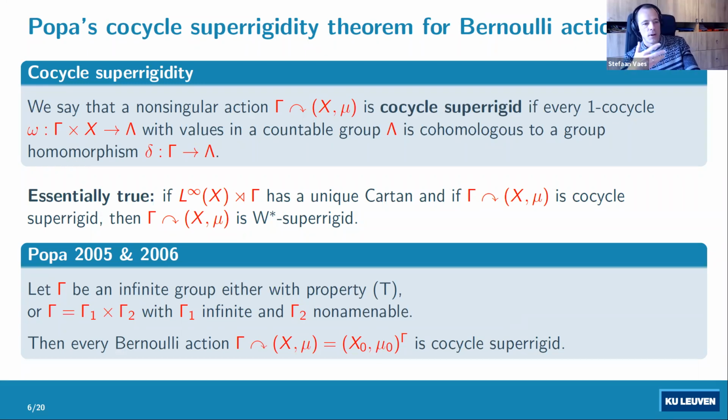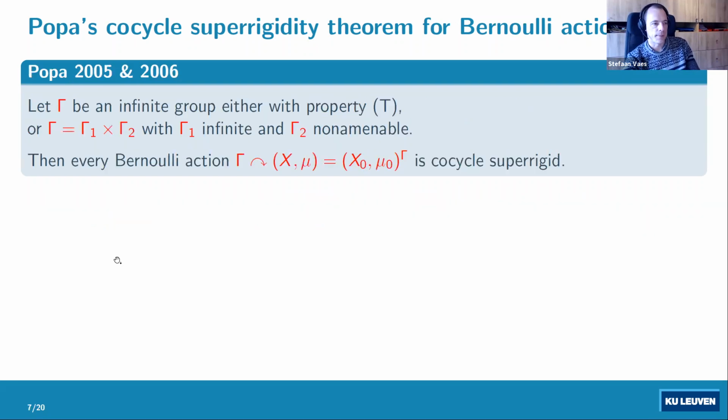So to give a slightly more concrete flavor of Cocycle superrigidity and Popa's deformation rigidity theory, I will give you in one slide a brief idea where this kind of Cocycle superrigidity comes from, because the same technique will pop up in what I want to present to you as new work. So here is just the same theorem again. We have a Bernoulli action, either of a product group or of a property T group.